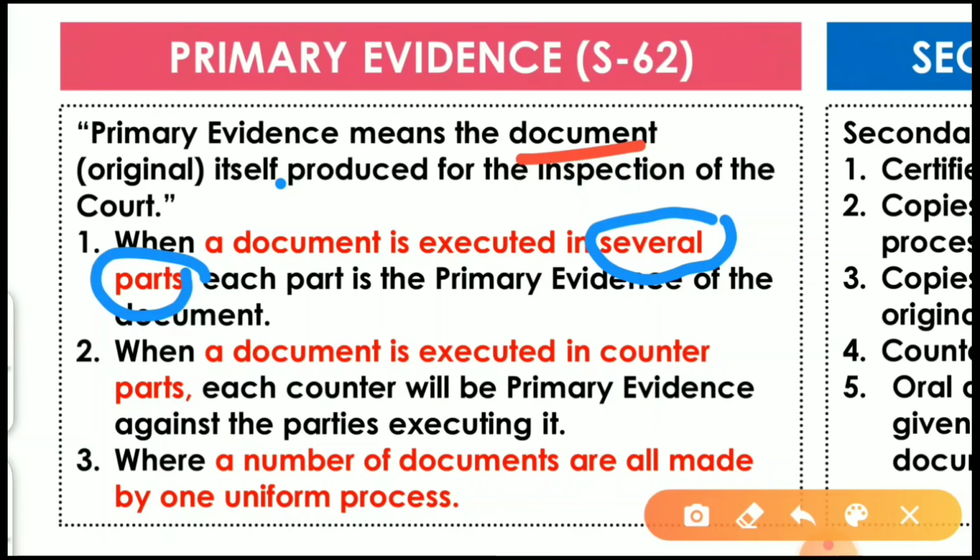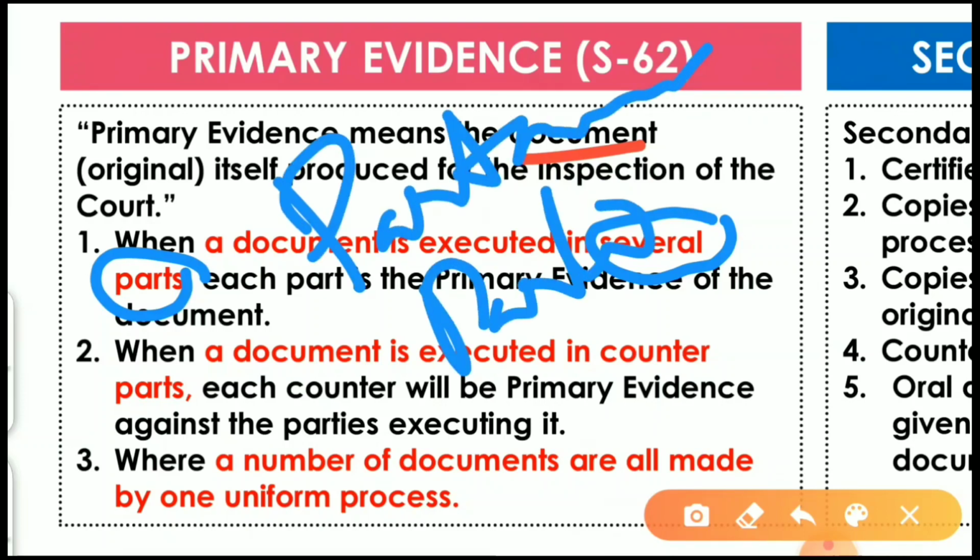Here, the first part is related to partnership deeds and partition deeds. All the partners have a part of the partnership deed. In a partition deed, all the parties to that partition deed may have a part of the document, which is known as primary evidence of that document.